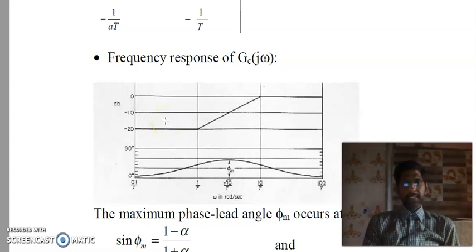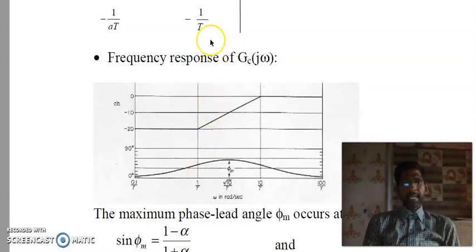If the slope is 0, no pole or zero is lying at the origin. If a pole lies at the origin, then we get minus 20 dB per decade as the initial slope. If a zero is present at the origin, then the initial slope will be plus 20 dB per decade. Here the initial slope is 0 dB per decade, since we do not have any pole or zero at the origin.